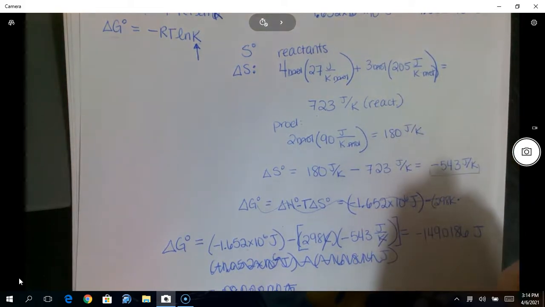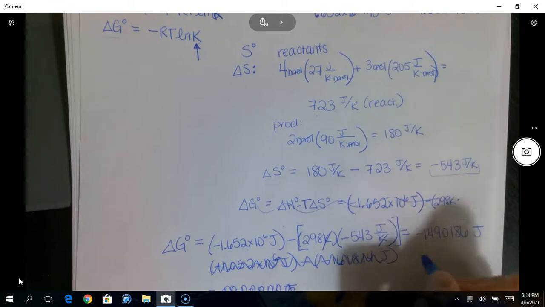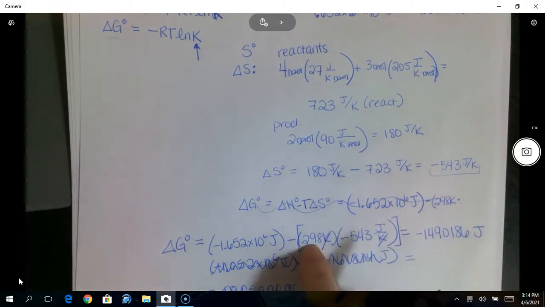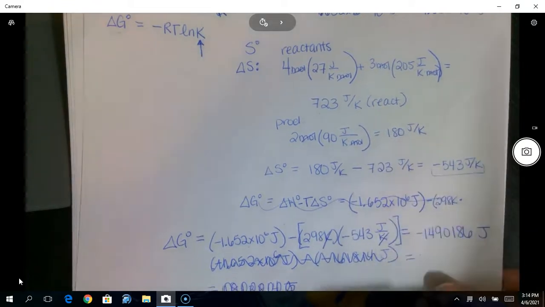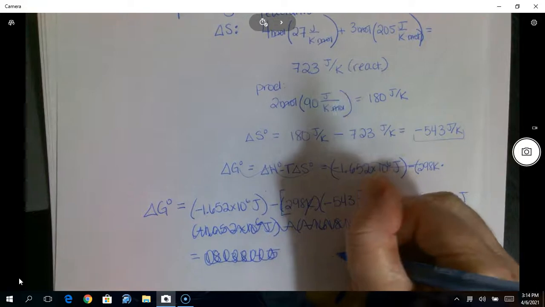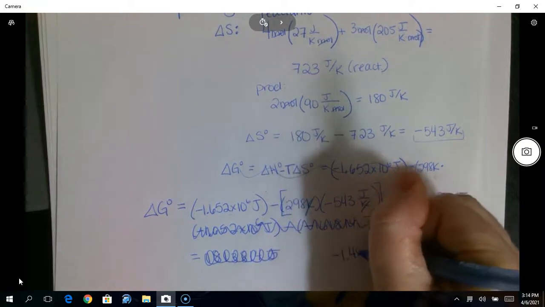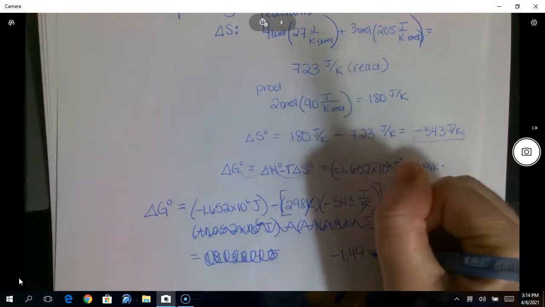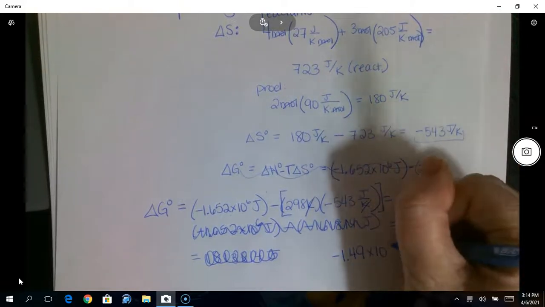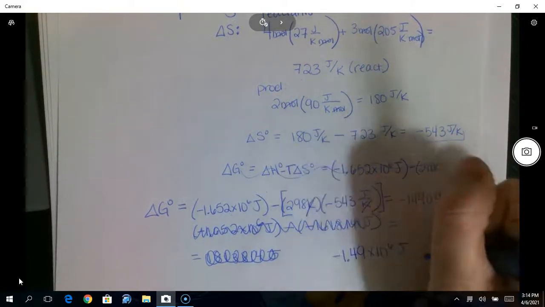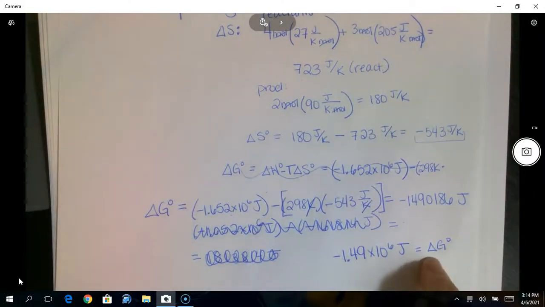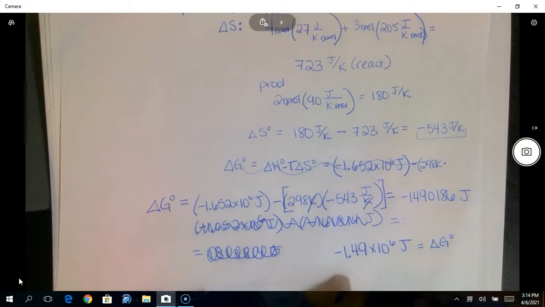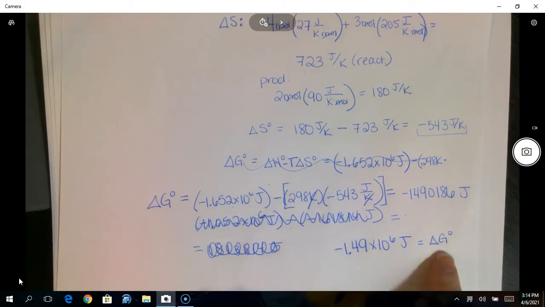Okay, and we're going to make this into scientific notation. We can only keep 3 sig figs. This problem is a doozy. Negative 1.49 times 10 to the 6th joules. I'm going to relabel, this is not the change in entropy, it's the change in Gibbs free energy standard.